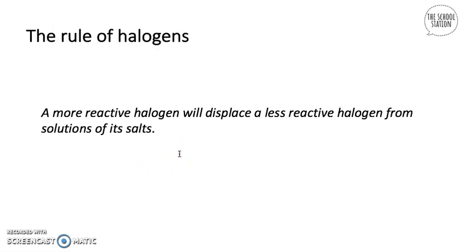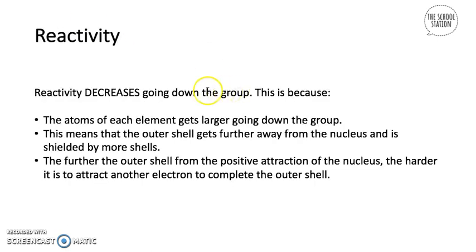Now we have actually reached the position to talk about the rule of halogens. The rule of halogens is that a more reactive halogen will displace a less reactive halogen from solutions of its salts. So basically, as I said over here, reactivity decreases going down the group.